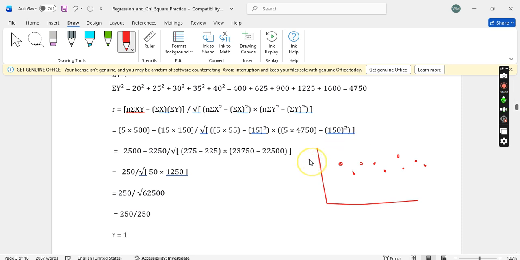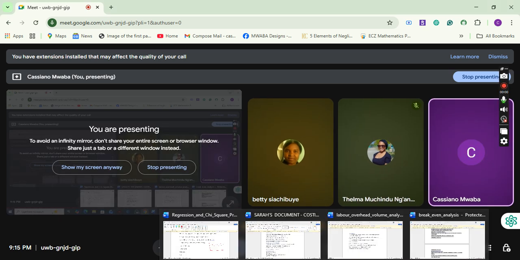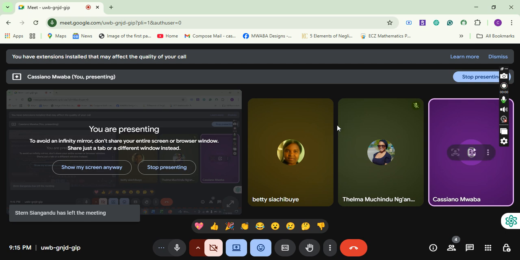Can it be the same as standard deviation? No, standard deviation is how spread out the data points are from the mean. Oh, okay.